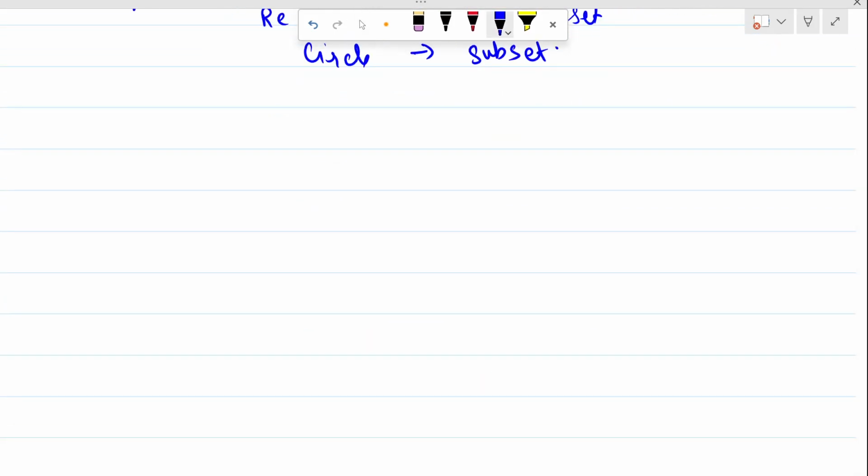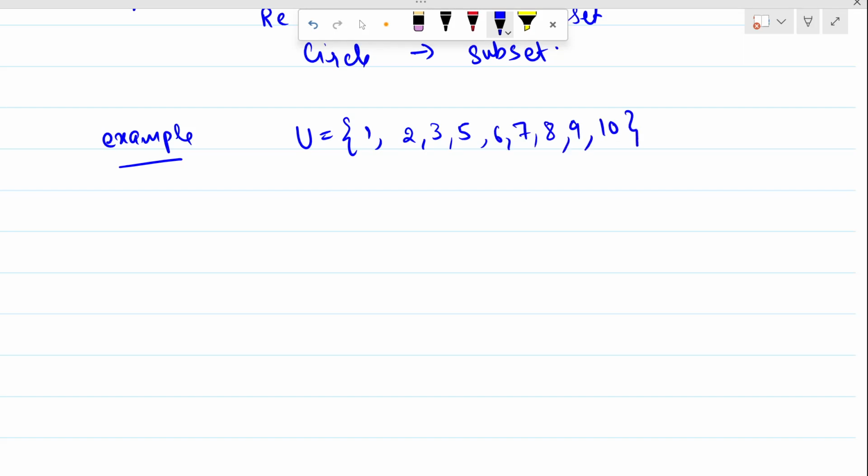For example, we have U equal to 1, 2, 3, 4, 5, 6, 7, 8, 9, 10.